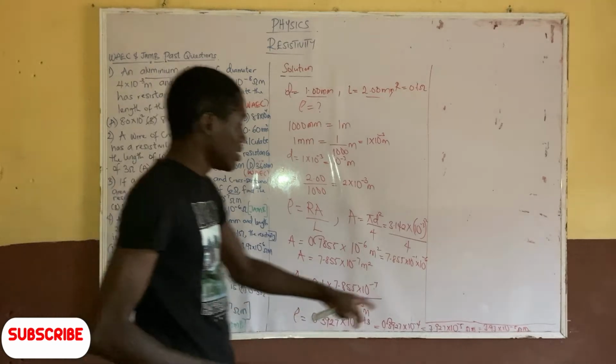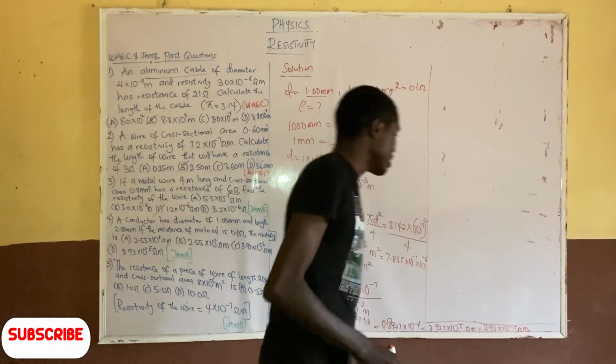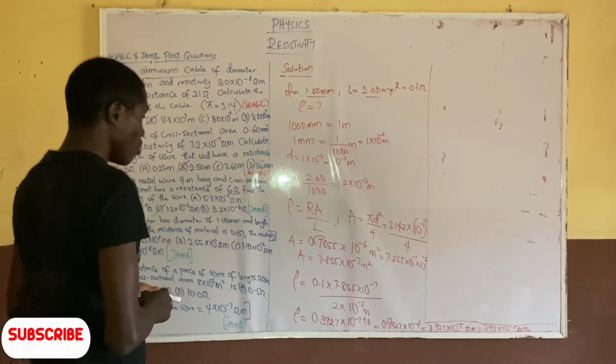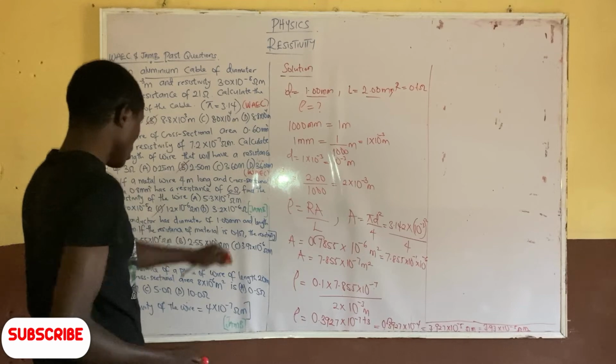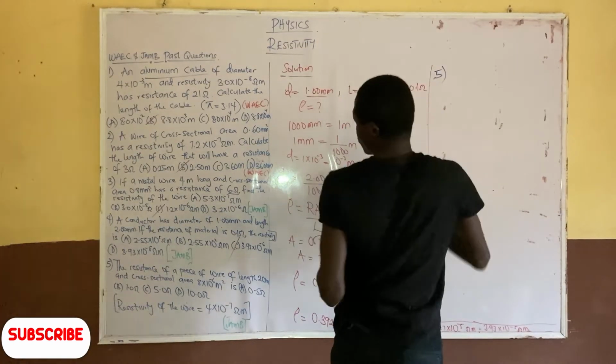So the final answer is 3.93 times 10 to the power minus 5 ohm meter. So that's option C.